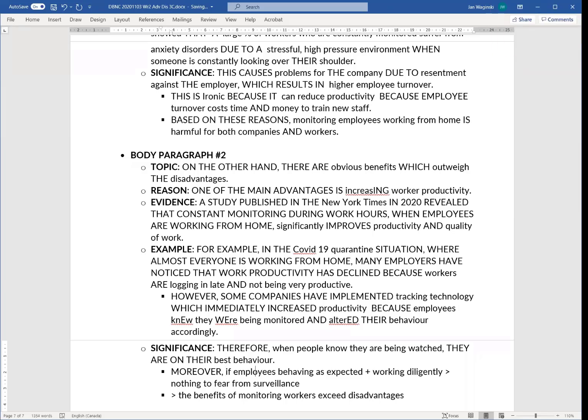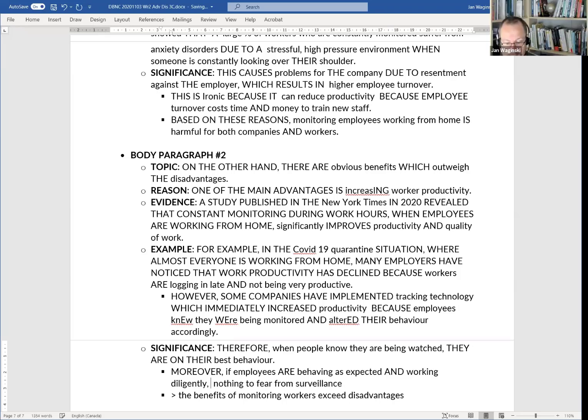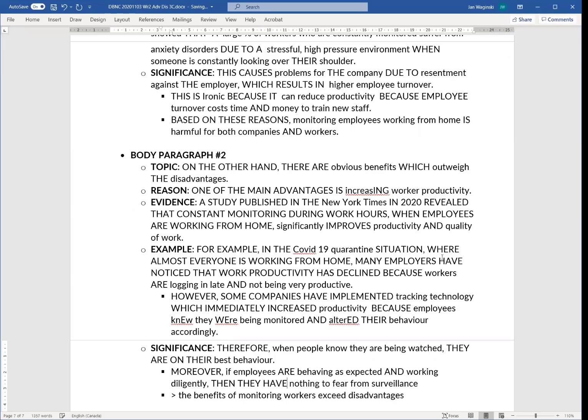If employees are behaving as expected and work diligently, then nothing to fear from surveillance. Okay, but we have to make it grammatically correct. Then they have nothing to fear.